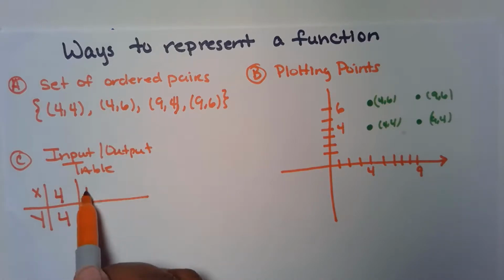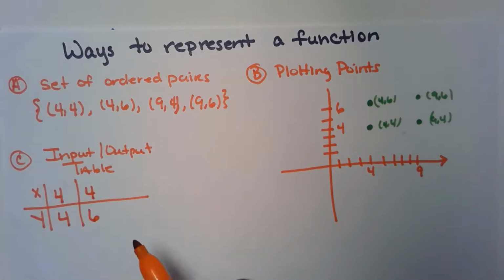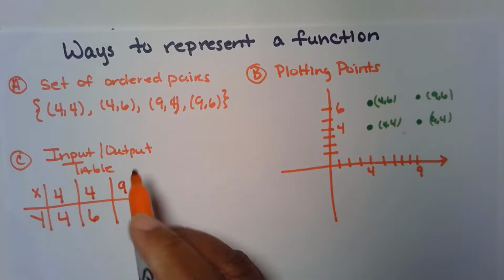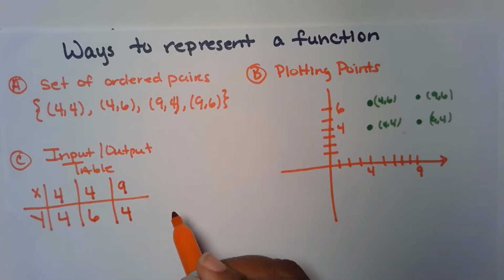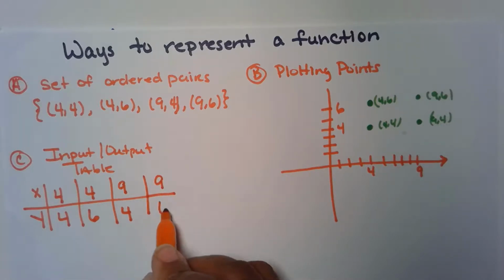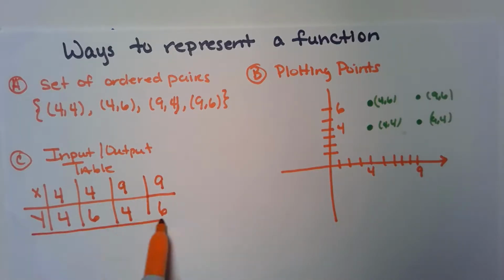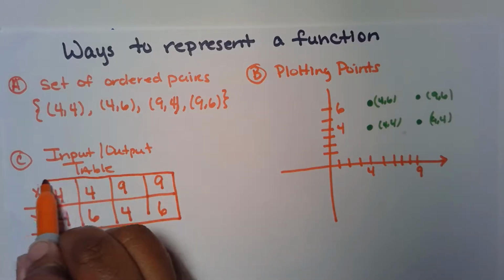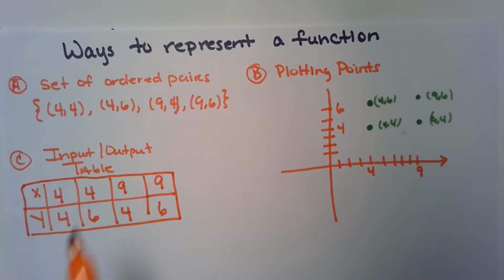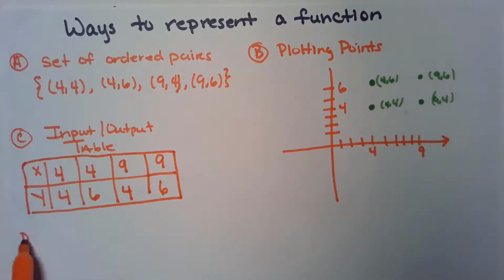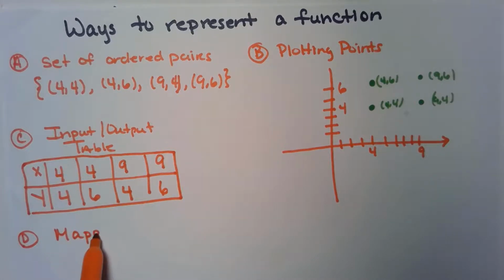For (4, 6), our input is 4, our output is going to be 6. Our input is 9, our output here is 4. And then 9 again, our output is 6. So we can create a table. We can also create a mapping diagram.